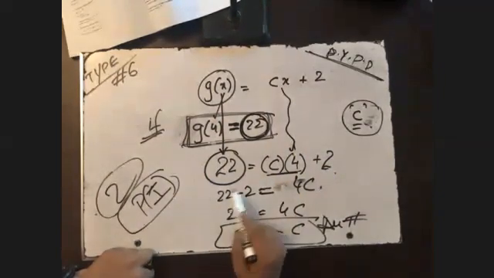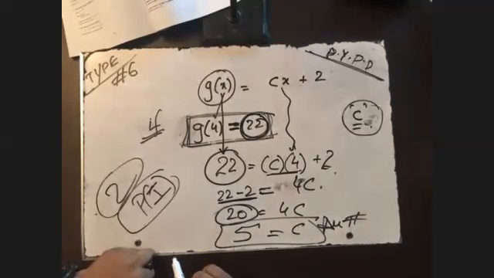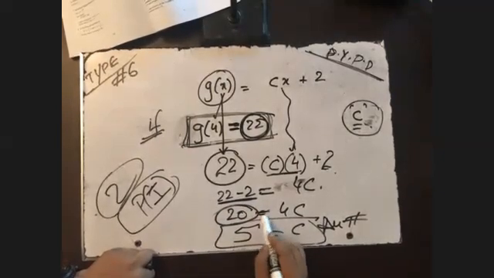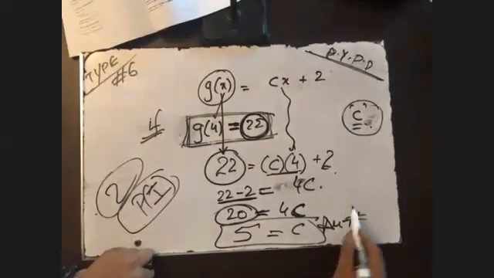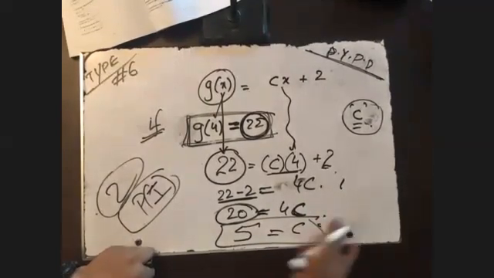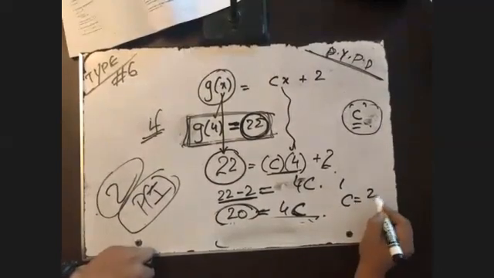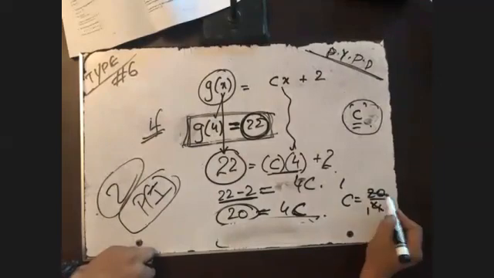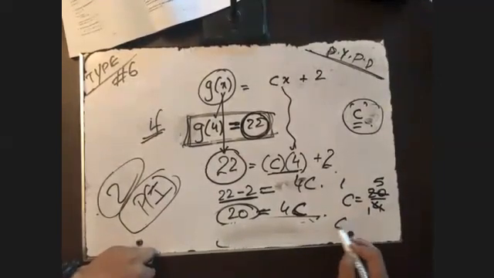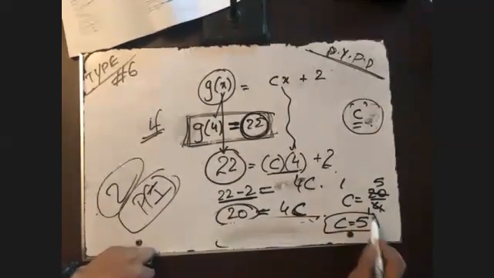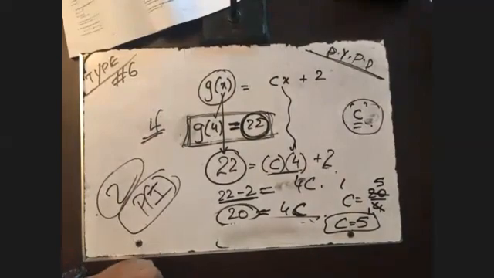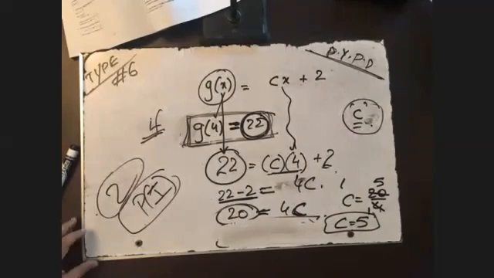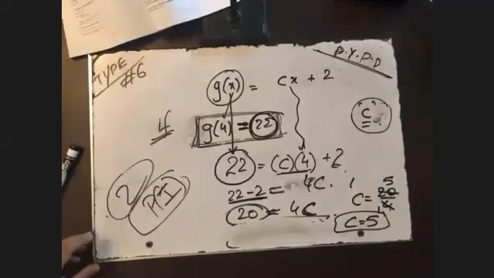I send the 2 to this side: 22 minus 2 is how much? 20 is equal to 4 times c. Therefore, c is equal to 20 divided by 4. Since it is being multiplied, divide: 4 ones are 4, 4 fives are 20. So c takes the value of 5. Understood? Yes, sir, understood. Good. That's board number 6.